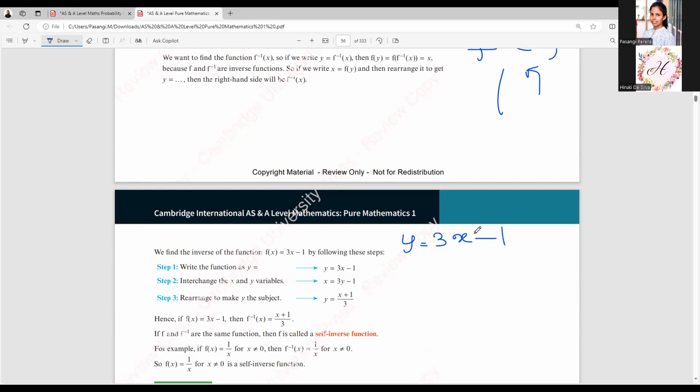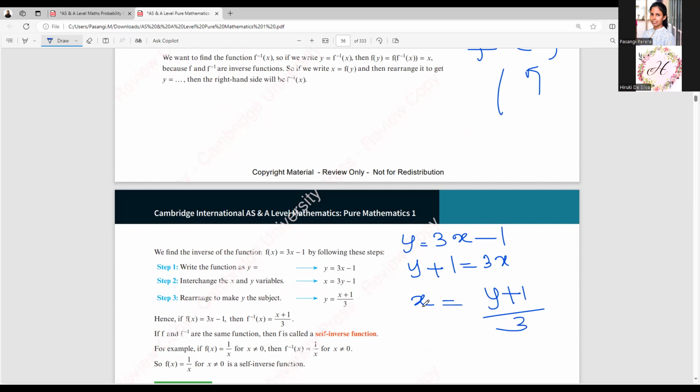Then our next step would be we can make x the subject. That would be the best method. We can make x the subject, that is y plus 1 equals 3x. So x equals y plus 1 divided by 3.